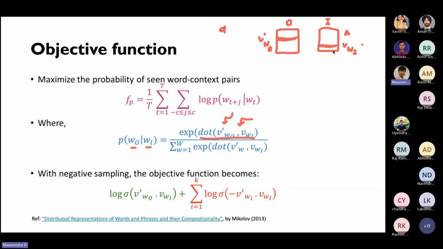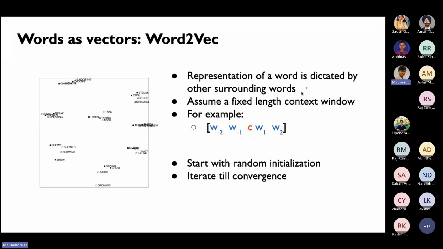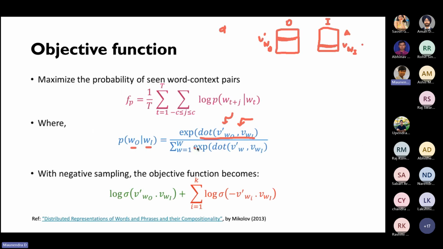At the very beginning, we start with a random initialization of the vectors. We know that we have these many words in the vocabulary. So we create a matrix O of dimension V cross D, and we create another matrix I with the same dimension.